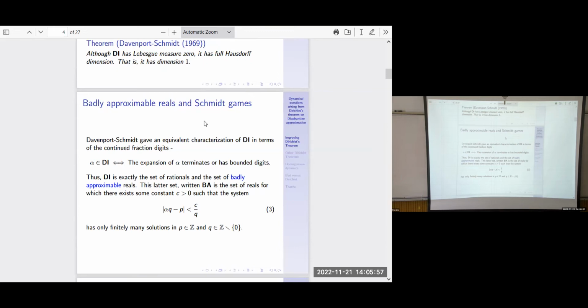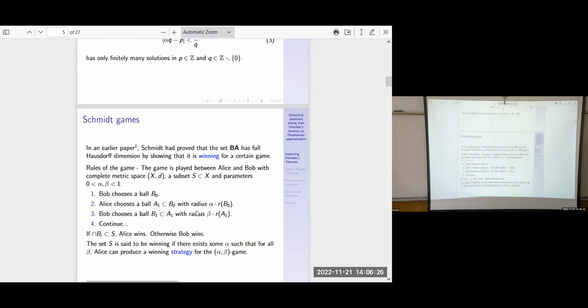It's defined to be the set of real numbers alpha for which the system |alpha q minus p| less than c over q has only finitely many solutions. So you can't get arbitrarily good approximations alpha minus p over q in terms of 1 over q squared. You can't get arbitrary constants close to 0. So that's the set BA.